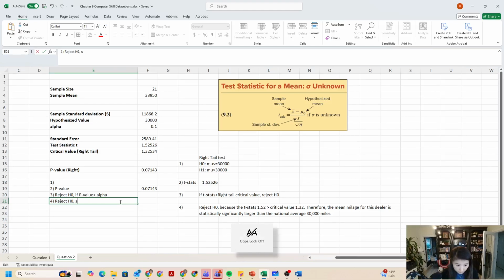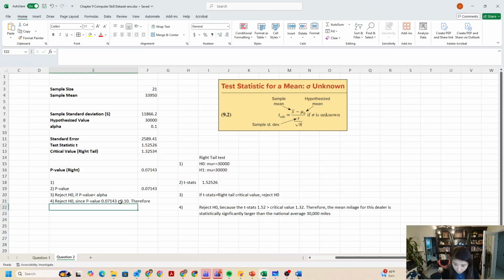H0 since p-value 0.07143 is smaller than 0.10. Okay, we get the same conclusion.